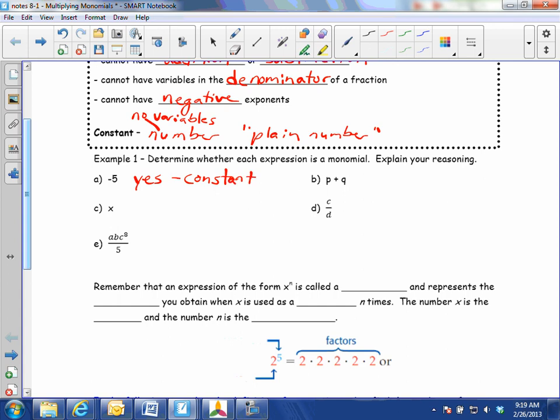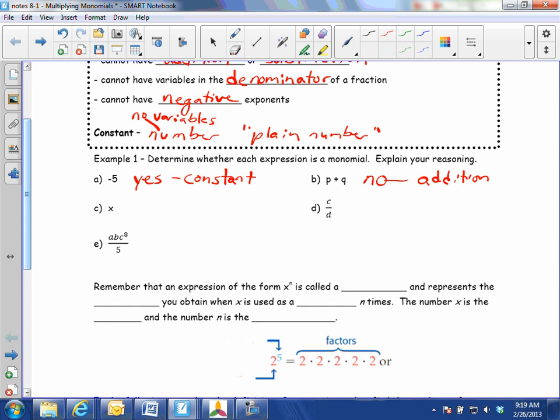Alright, how about B? Is that a monomial? James says no. Do you guys agree? Okay, why do we say no? Because you can't have addition or subtraction. Right. Think of bicycle, how many wheels? Two. So bi means two, so I'm adding two things.